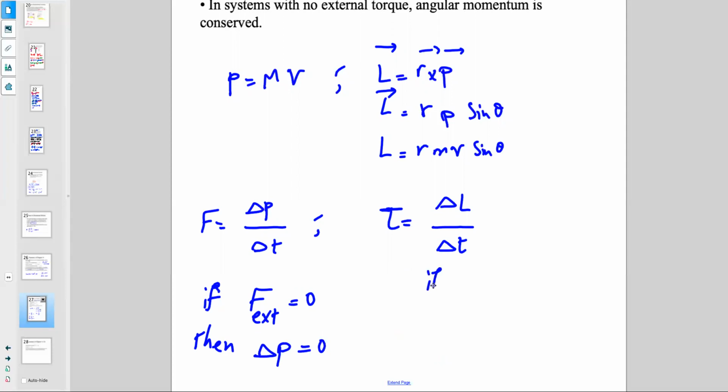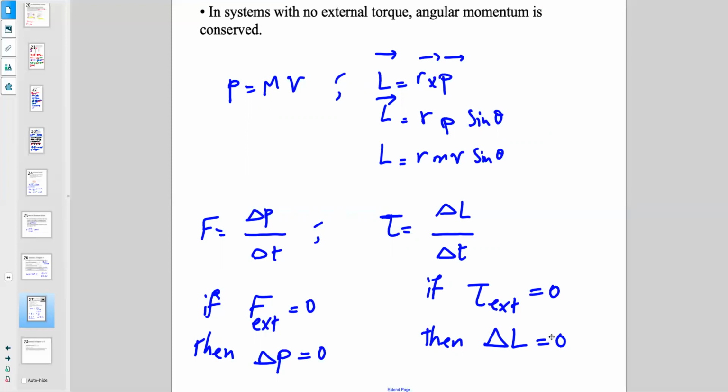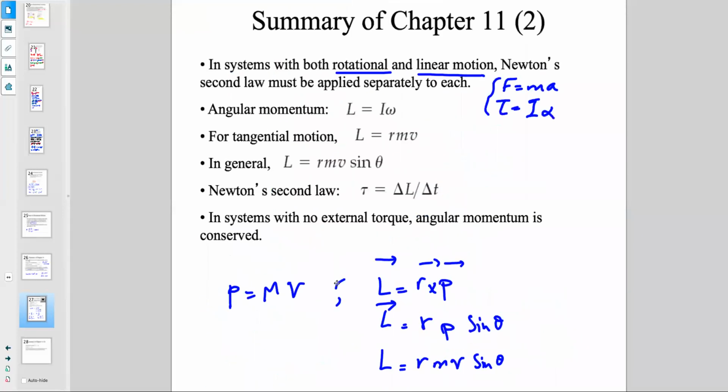And then if tau external is 0, then we have delta L equals 0, or we have the conservation of angular momentum. So if the system has no external torque, the angular momentum is conserved.